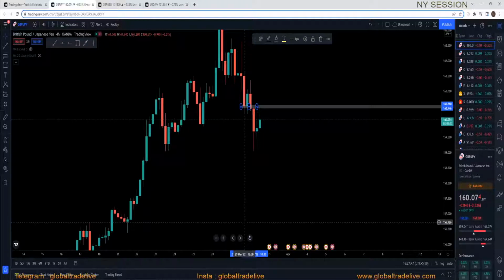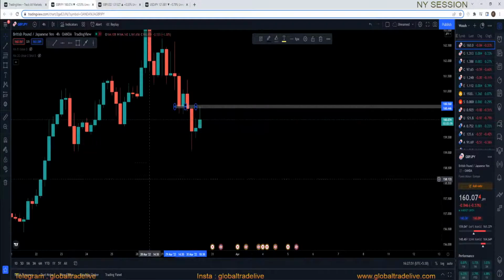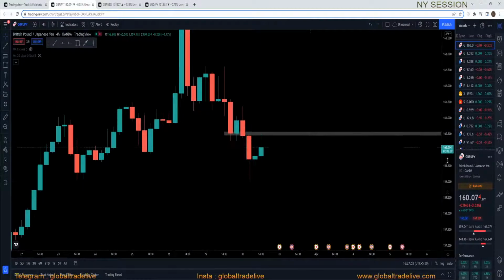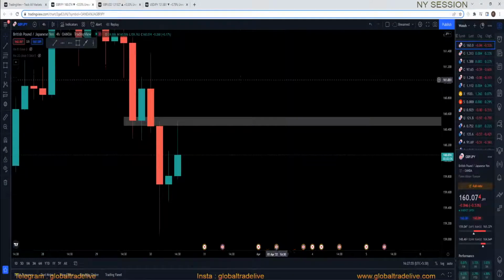Okay, so this will be the area of resistance over here, and now let's zoom in a little bit and get some more information about the market, right?